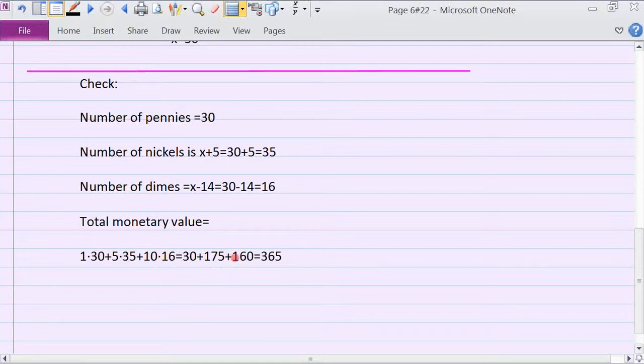So that gives me 160. 1 times 30 gives me 30. 5 times 35 gives me 175. 10 times 16 gives me 160. If I add 30 plus 175, I get 205. 205 plus 160 gives me 365.